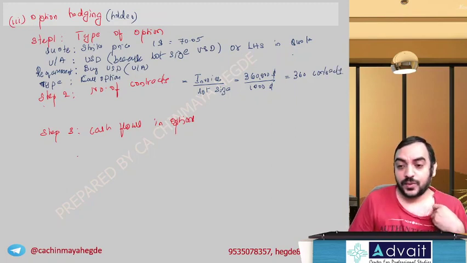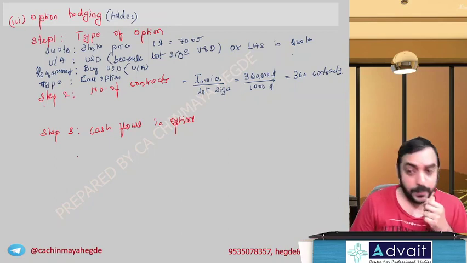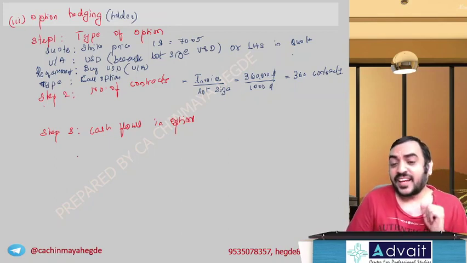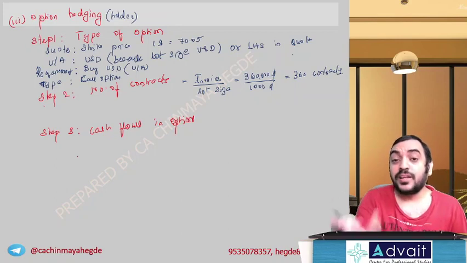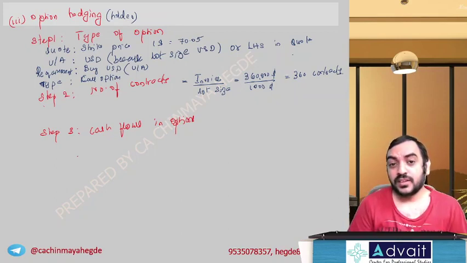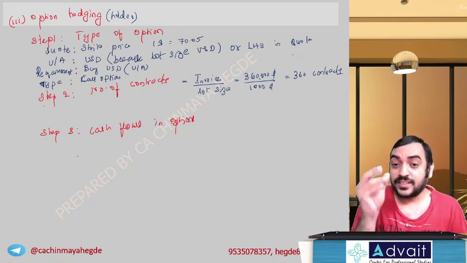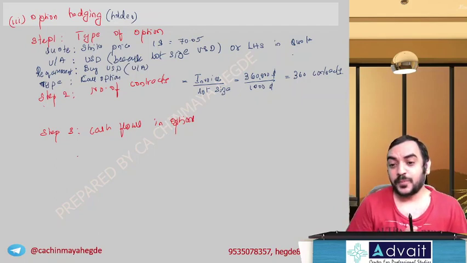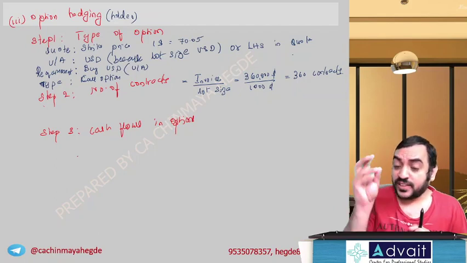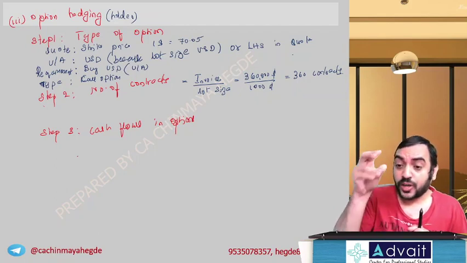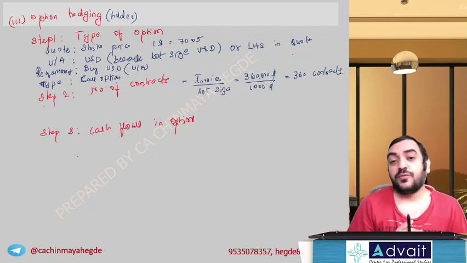360 contracts. Here we got the exact 360 contracts, no decimals. But in some problem, decimal can come, correct? 360.12 and all. In that case, how do you manage the decimal point? For that, we take a forward cover.